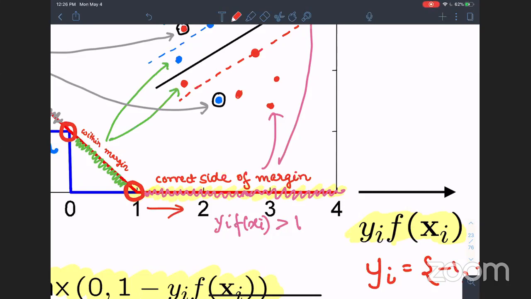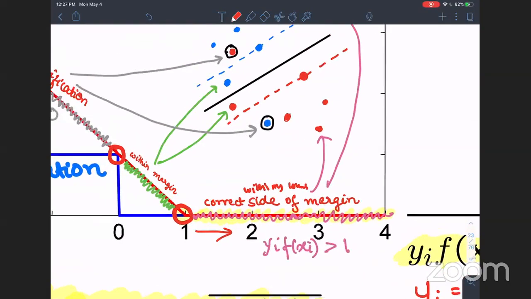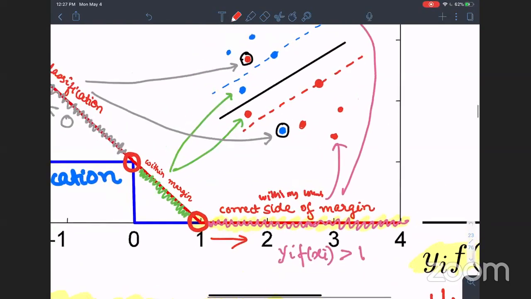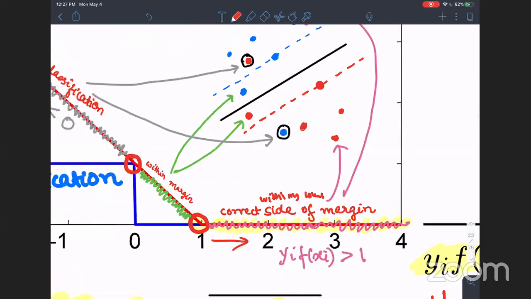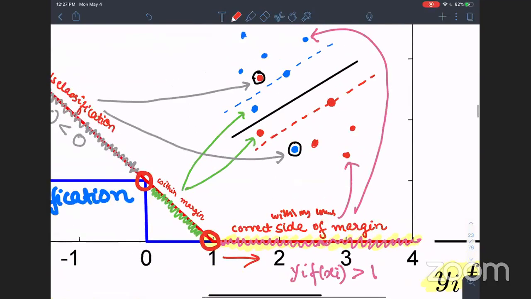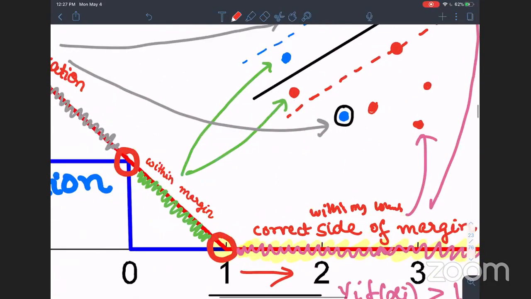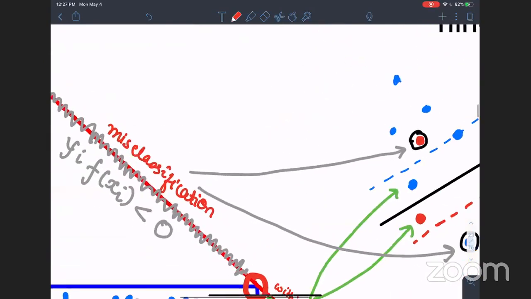That means I'm well within my country, so I'm not going to contribute to any loss, because I'm very far away from the decision plane to influence it. So I'm correctly classified.